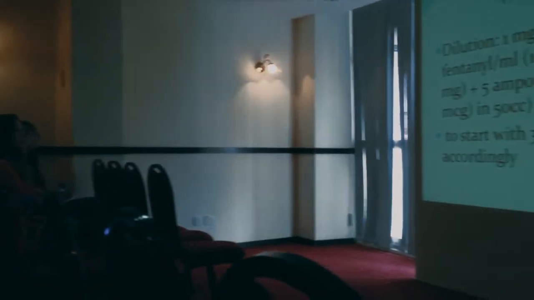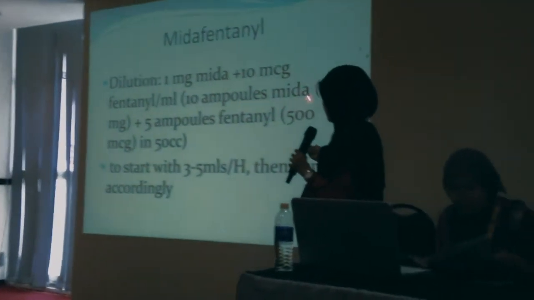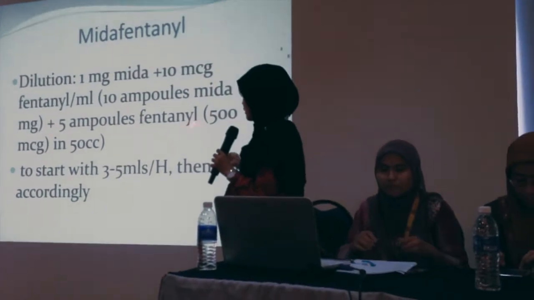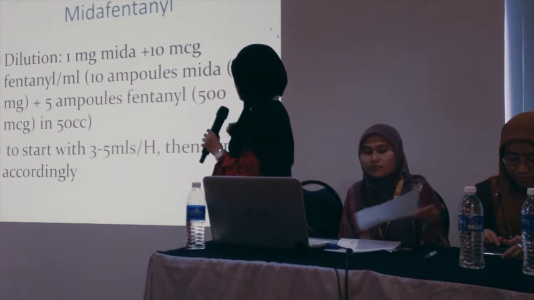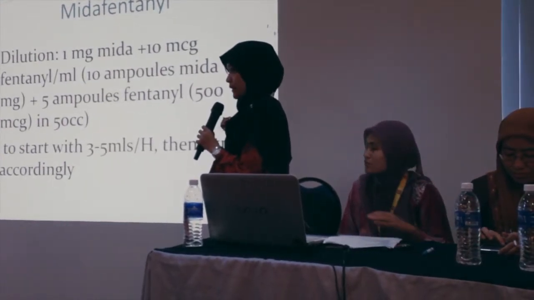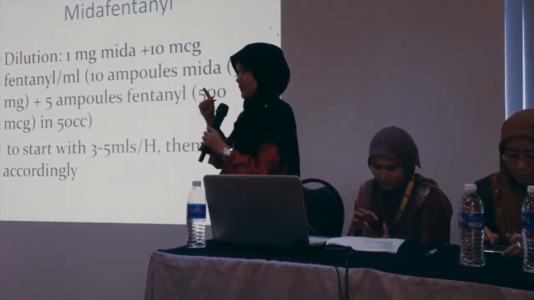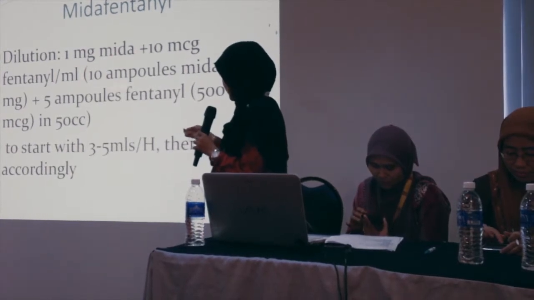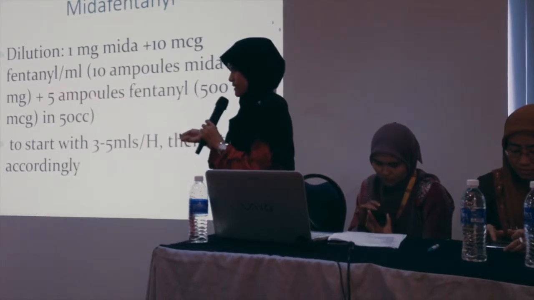So for the dilution of midafentanyl, you dilute 10 ampules of midazolam, also the 5 milligram per ampule, plus 5 ampules of fentanyl. The midazolam ampule is usually 5 mil, so when you stretch out 10, it comes up to 50 mils. Fentanyl, 2 mils times 5, is 10.